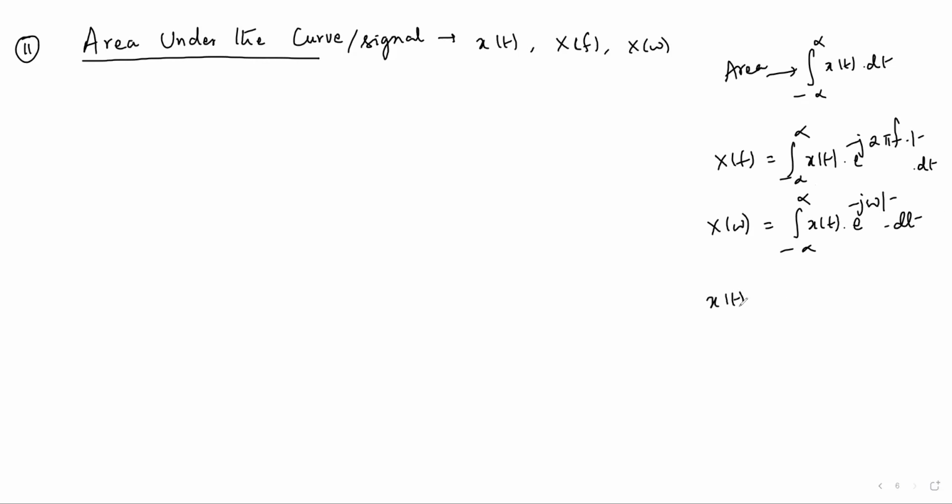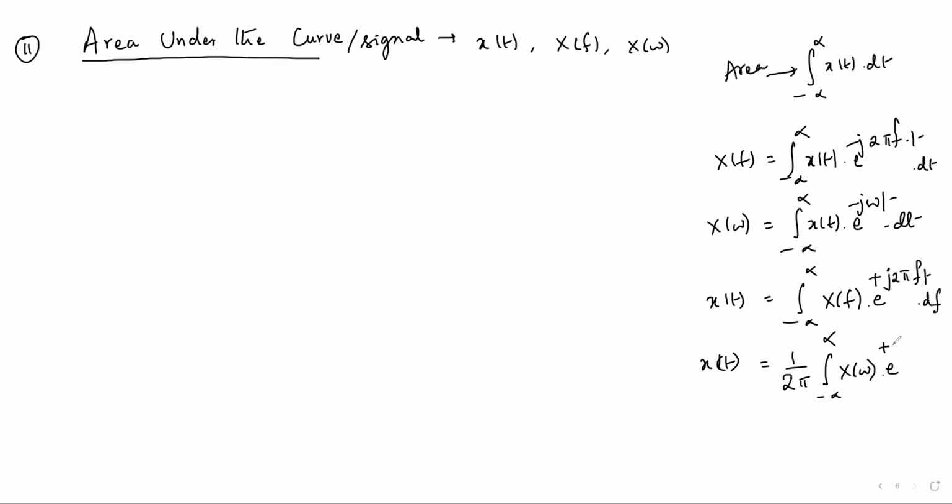And x of t, the inverse Fourier transform, in terms of x of f, there is no 2 pi, so direct integration: x of f e to the power of plus j 2 pi f t df. Whereas the inverse Fourier transform in the omega domain is 1 by 2 pi integral from minus infinity to plus infinity of x of omega e to the power of plus j omega t d omega.